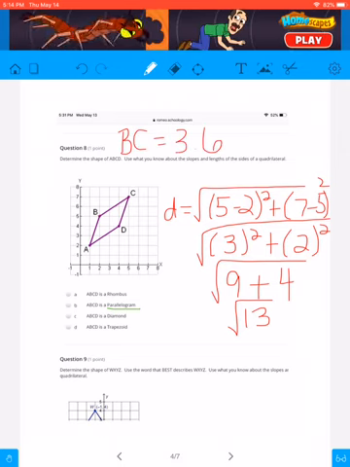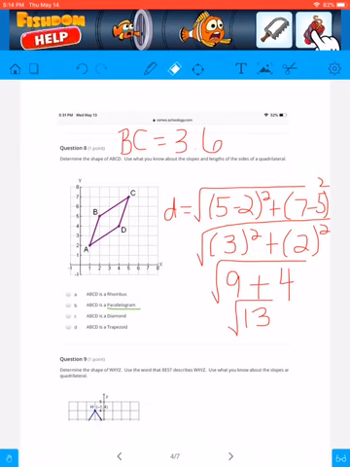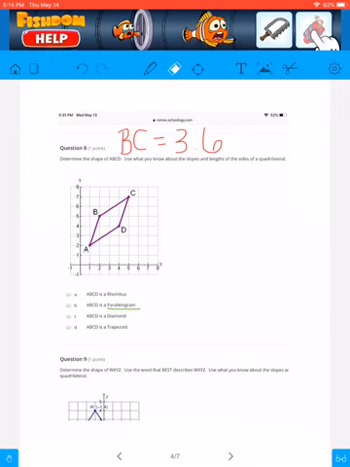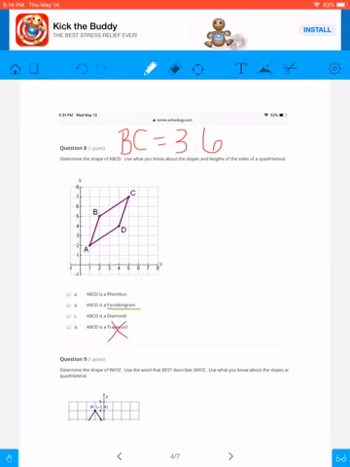So now we need to find the distance of another side to see if it has equal sides. Because if it has all equal sides, then we can go specifically to a rhombus. We know for sure it's not a trapezoid because it has opposite sides parallel, has more than one pair.